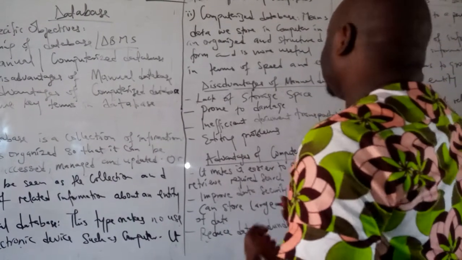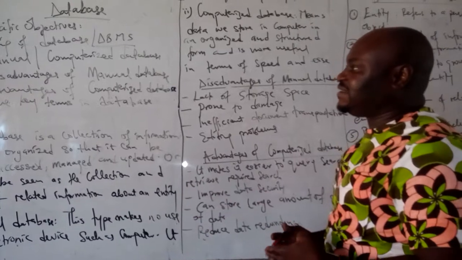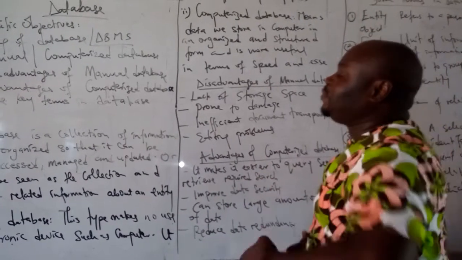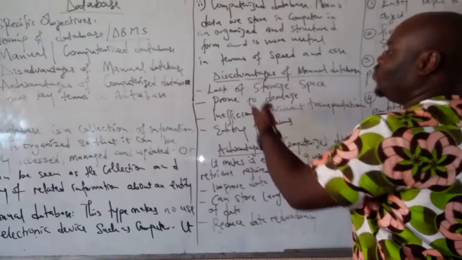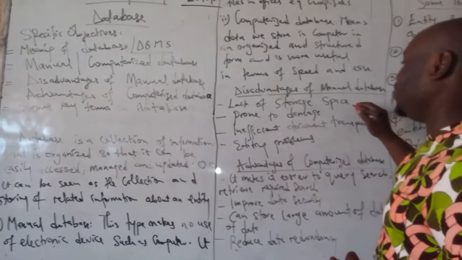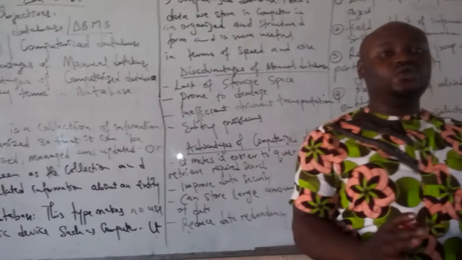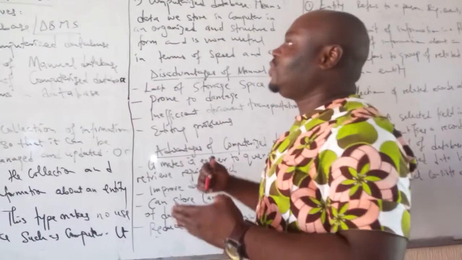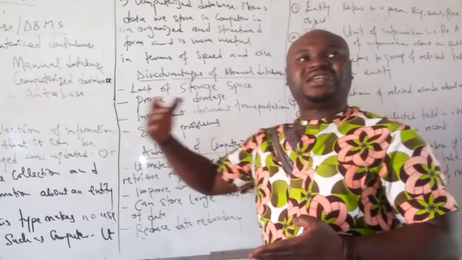What are the disadvantages of a manual database? It is because of the disadvantages now that people were pushed to the use of computerized. What are the disadvantages of manual database? One, it has a storage space problem. Imagine in a school where you have about 5,000 students and the school has existed for years.